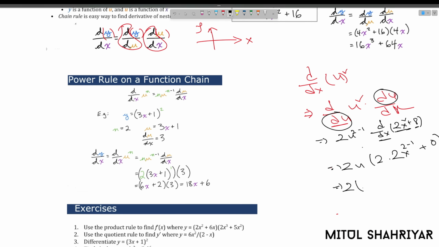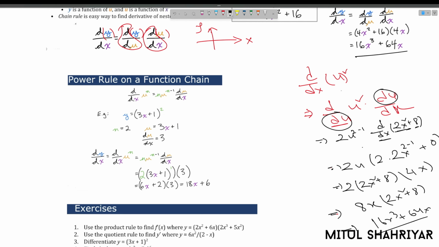So we have to provide the value of u again, which is 2x squared plus 8, and here we have 4x, so 4x times 2x squared plus 8, which we have as 16x cubed plus 64x. Great, yeah, done.